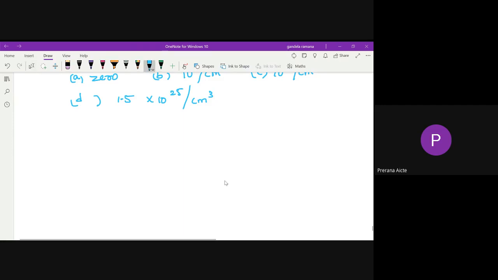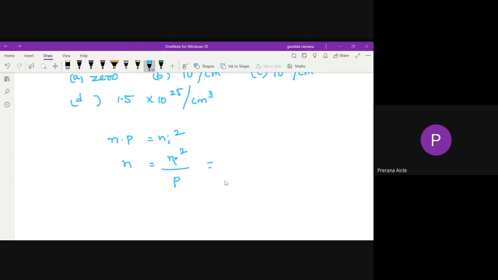Here we know the mass action law is used to find the minority carrier concentration. According to the mass action law, n into p is equal to the square of the intrinsic concentration. So n is equal to ni square by p.